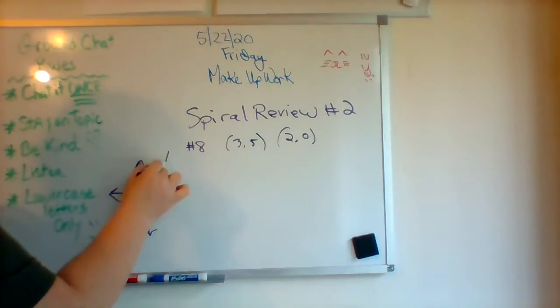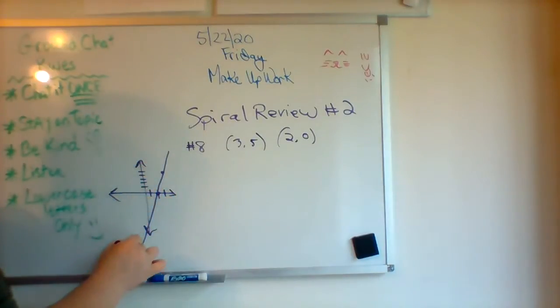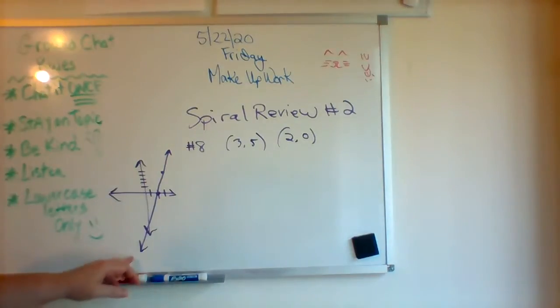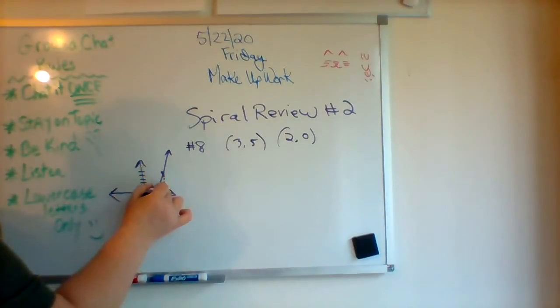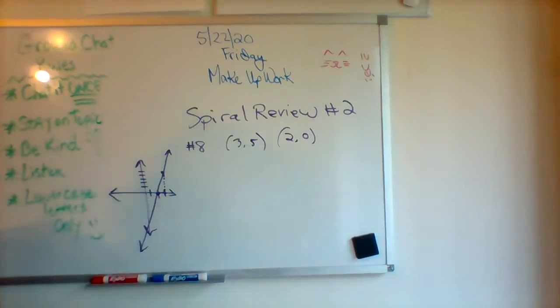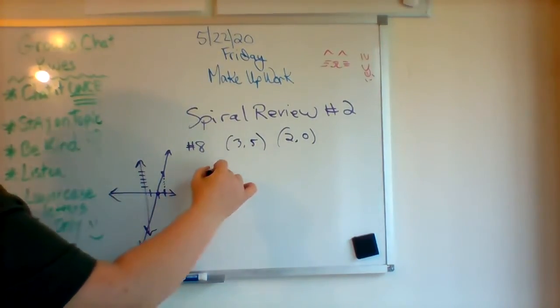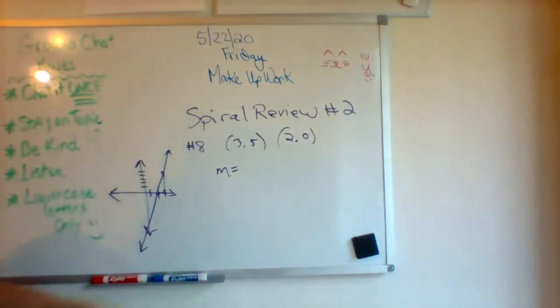So let's pretend I'm drawing this line right here. So this line should be a positive slope. Now for slope triangle, what you would do is draw your slope triangle, and then you could do vertical over horizontal. The formula though, hopefully you remember it.